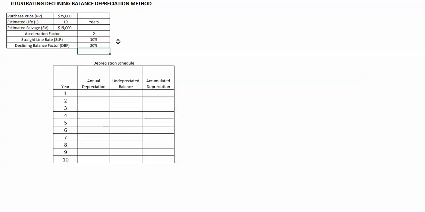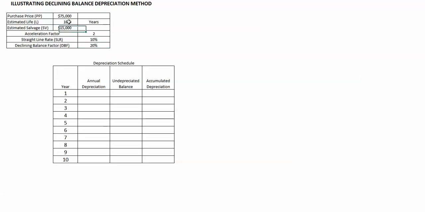Now, it's important to understand this acceleration factor is a chosen factor by the person doing the depreciation. This straight line rate is a calculation based upon the economic life. And of course, this declining balance factor is also a calculated factor based upon the choice of the acceleration factor and the straight line rate.